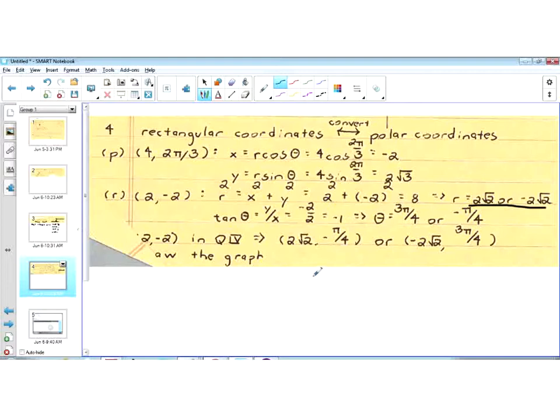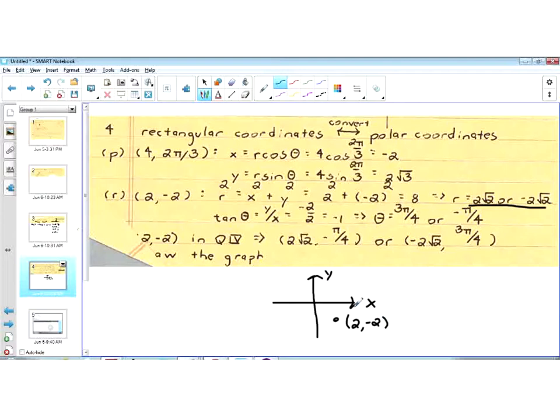Now, where is tangent theta equal to negative 1? Okay, so if we consider the xy plane, and in this case, x is 2 and y is negative 2. So that would essentially put us here in quadrant 4. So here is 2, negative 2.